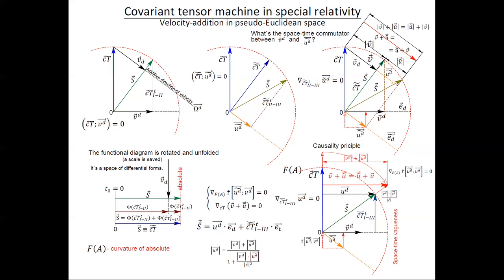It goes to lowering of the index of actual velocity. It is its covariant expression, or covariant actual velocity.